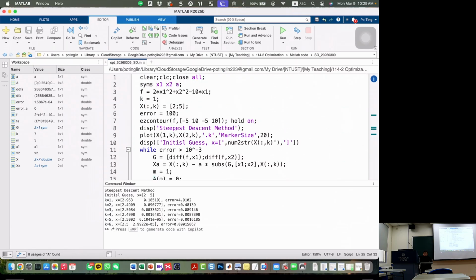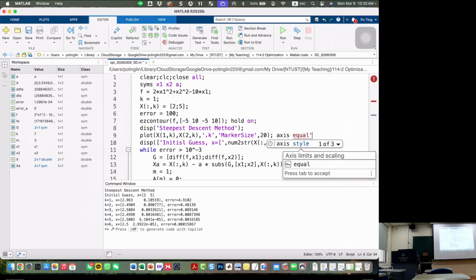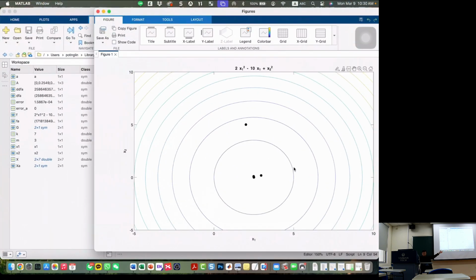When I plot, let me say axis equal. Axis equal means when you make a drawing, the scale for the x coordinate and the y coordinate has to be the same.